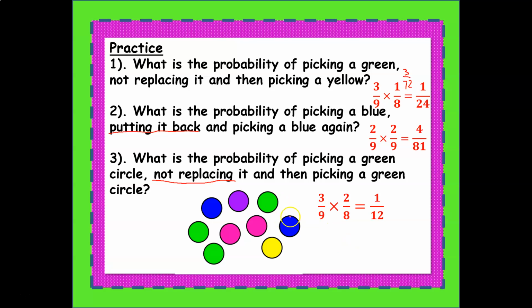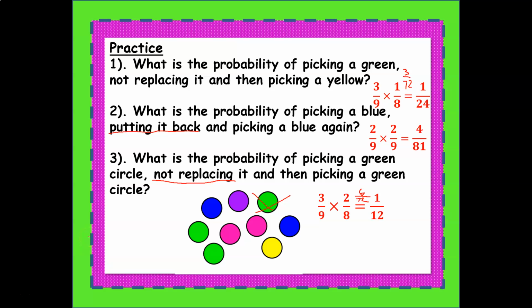So our first probability of picking a green circle is 3/9, but we don't replace that green circle. So the second time we have 2 green circles left out of 8 total circles or counters. So we end up with 6 out of 72, which is equal to 1/12.